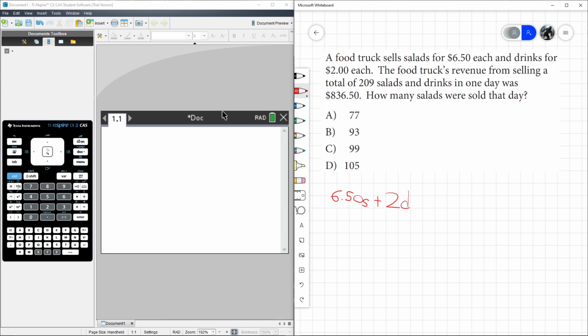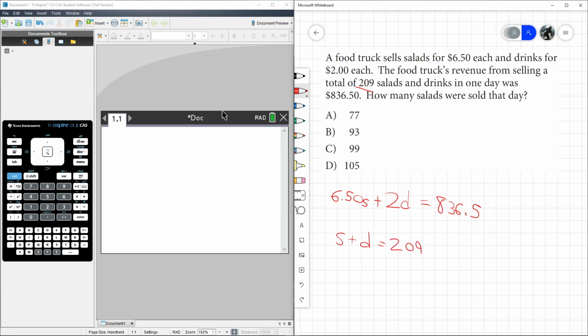This gives you the amount of money generated by selling D drinks. Combining these gives you the total revenue, which is $836.50. Your second equation is going to be the total amount sold. In this case, it's a total of 209 salads and drinks sold. So you just do S plus D equals 209.